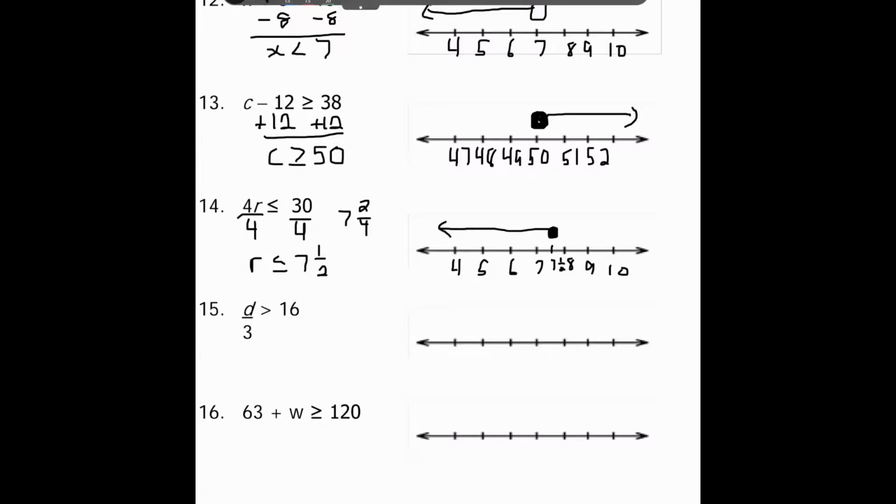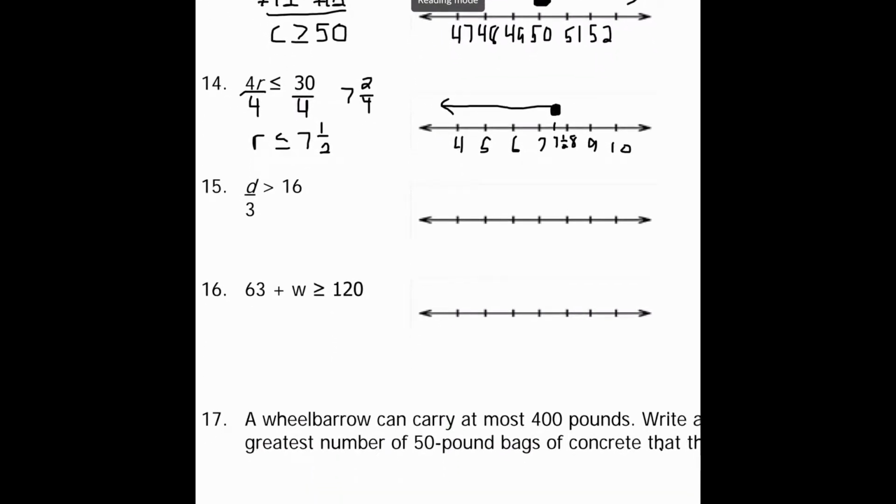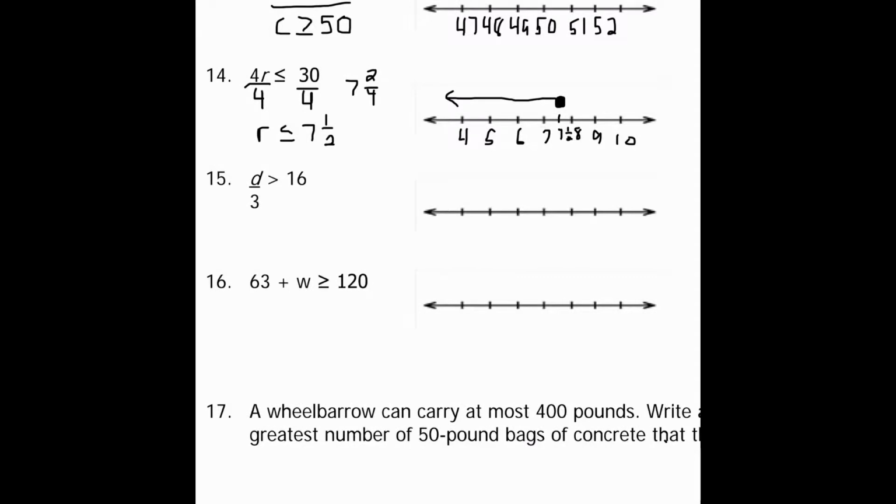Number 15. d divided by 3, or d over 3, is greater than 16. The inverse of division is multiplication, so I'm going to multiply both sides by 3, which means these 3's are going to cancel out to be left with d is greater than 16 times 3 is 48.